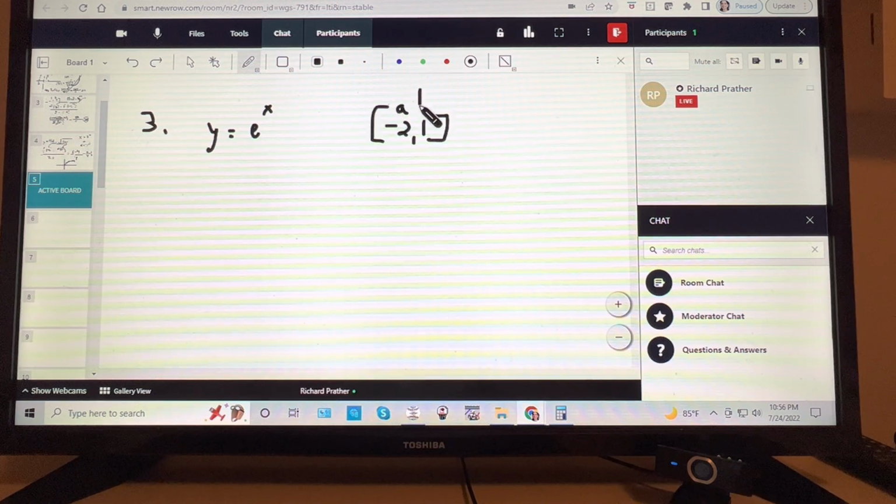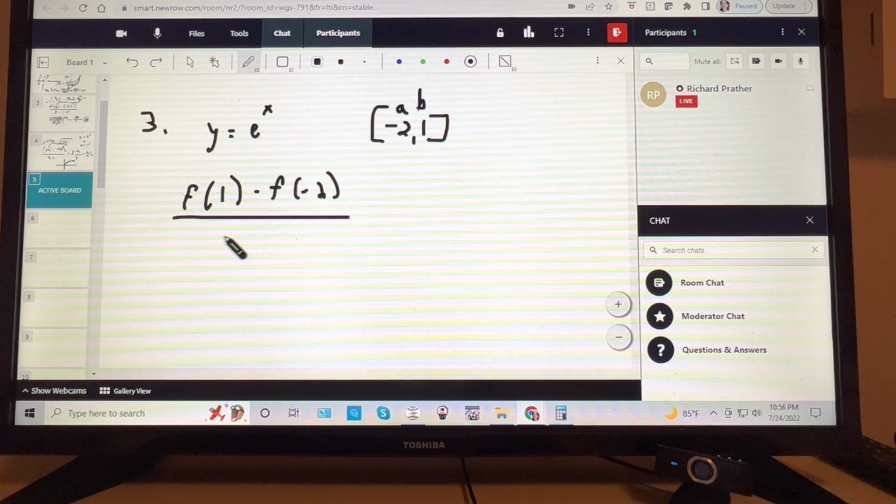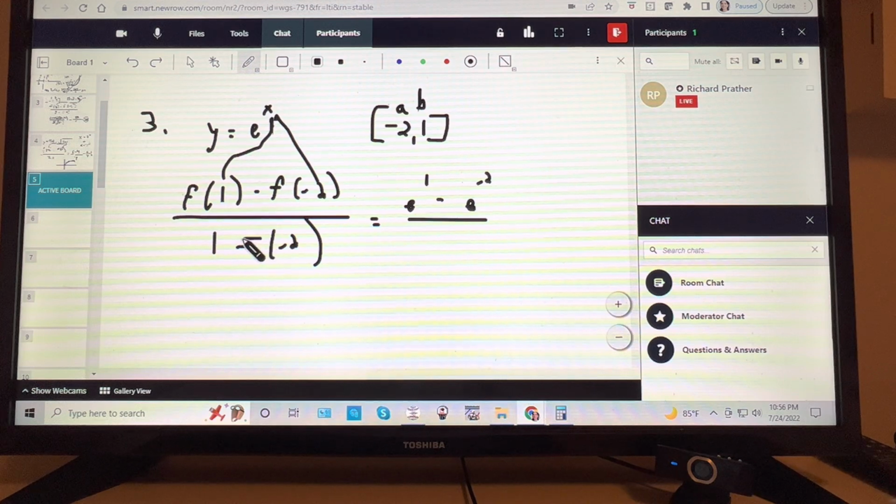So a and b, f of 1 minus f of -2 over 1 minus -2. F of 1 is e to the first power. F of -2 would be e to the -2. And then the denominator, this double negative will switch to plus, and it'll be a 3.